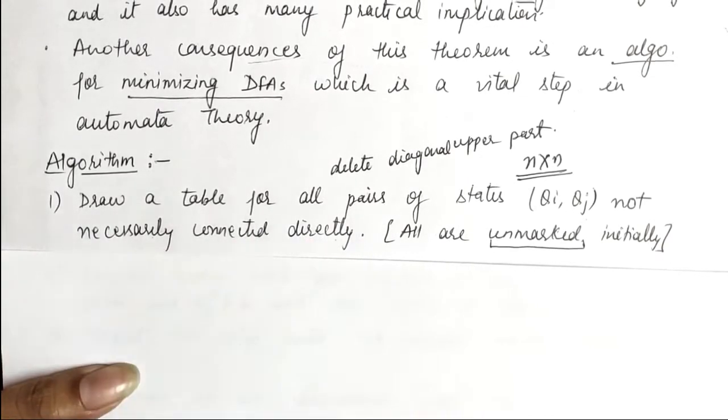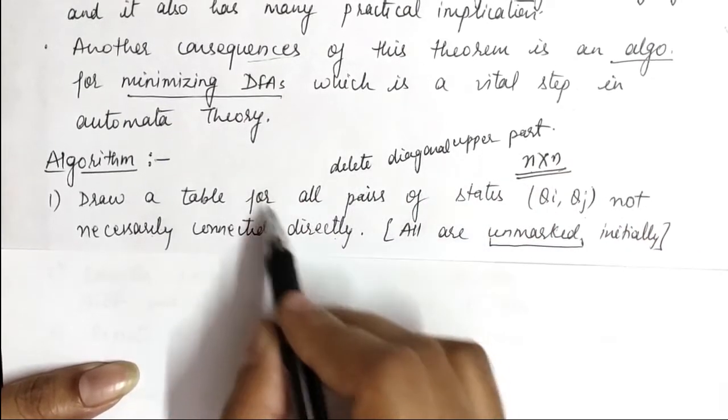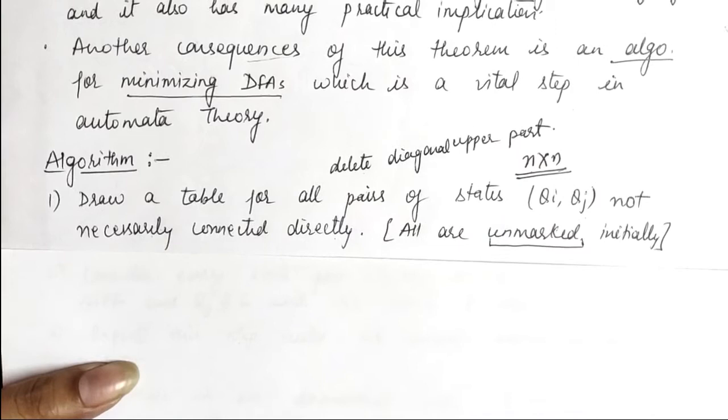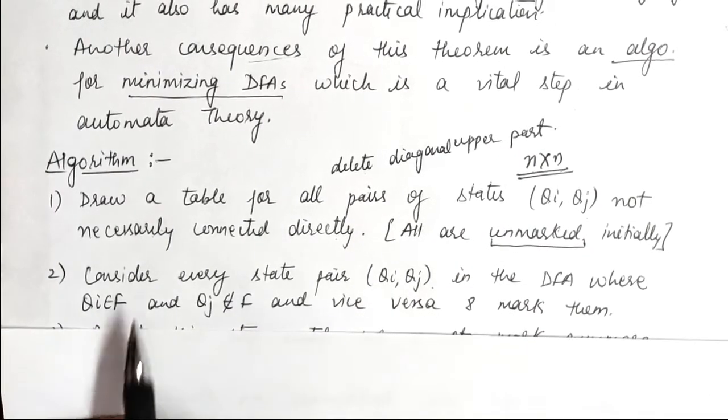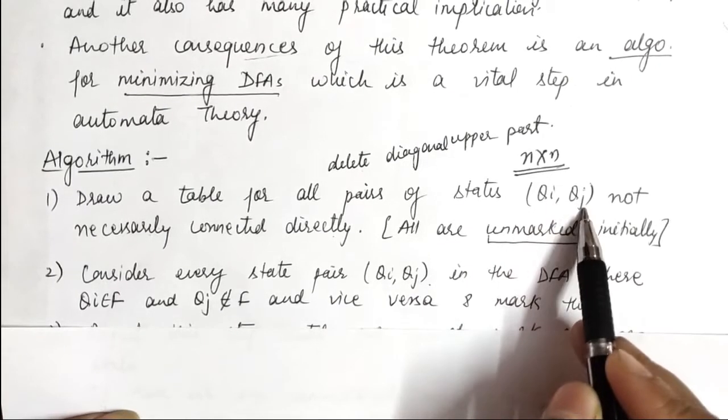While drawing this table, we create an n by n matrix, and in this step itself we delete the diagonal upper part.